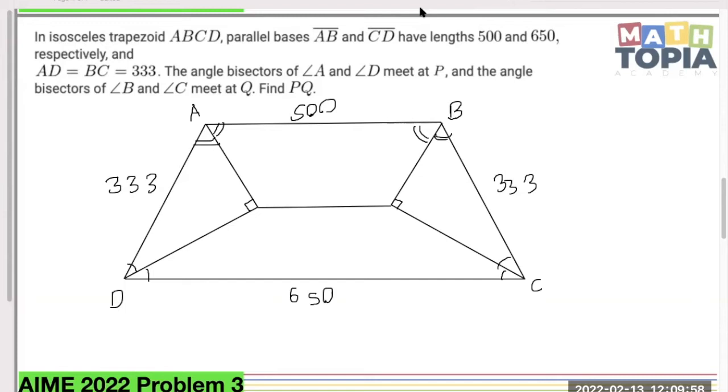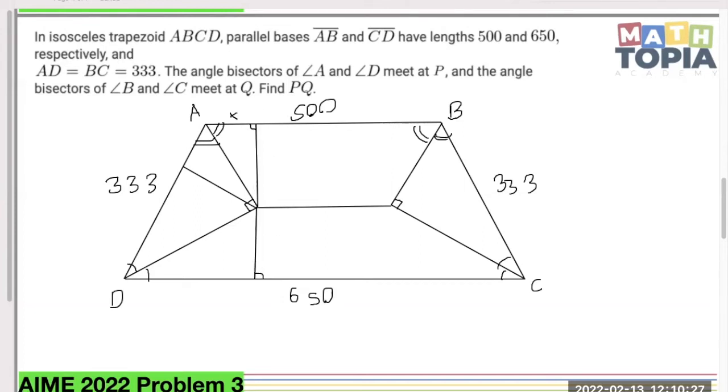But what kind of trivializes the problem is if you think about dropping altitudes from this point. Let's say I drop an altitude, and then another altitude, and then another altitude. Let's say we call this X. Well, what would this length be? We know that this is an altitude and this is an altitude, so this is just a full altitude.